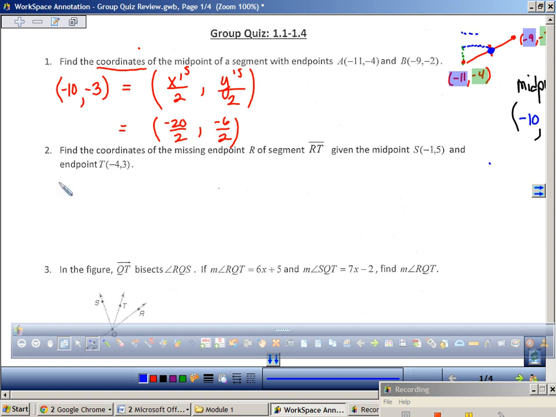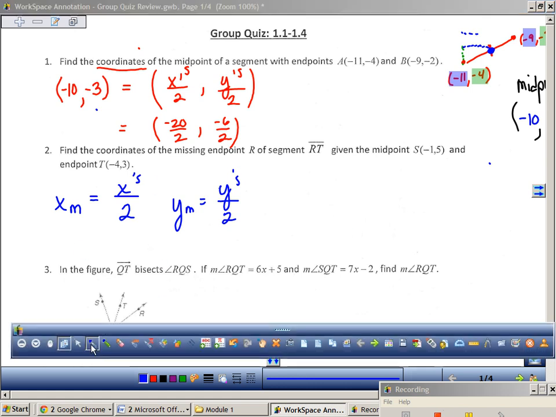If I want to know the endpoint of something, if I want the midpoint of x, I would take the x's and divide by 2. And if I want the midpoint of y, I would take the y's and divide by 2. Well, in this one, I don't know both the y's. See, I told you I wasn't going to do it, and now I'm doing it. Now I started something I can't finish.